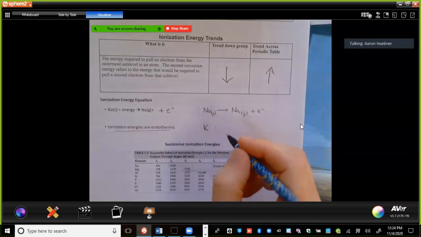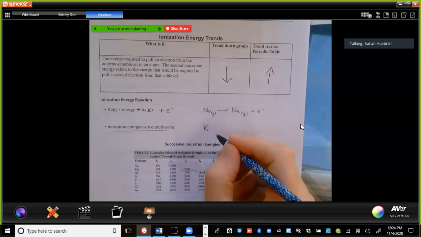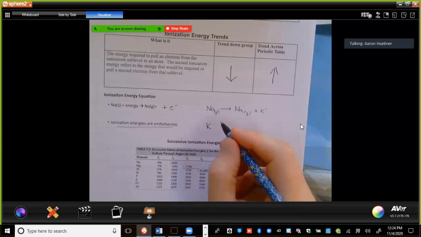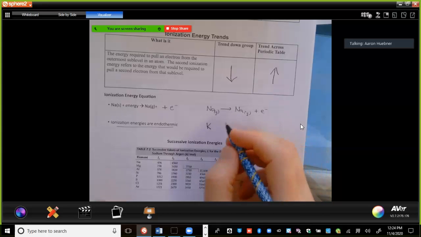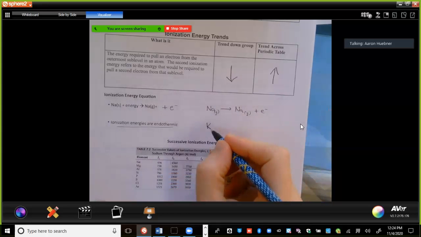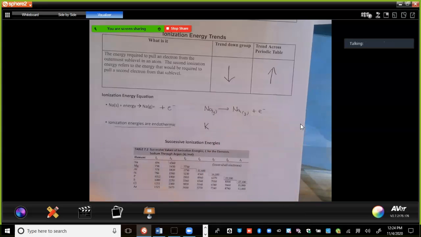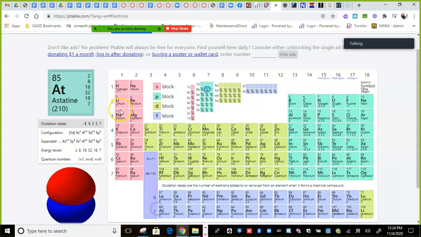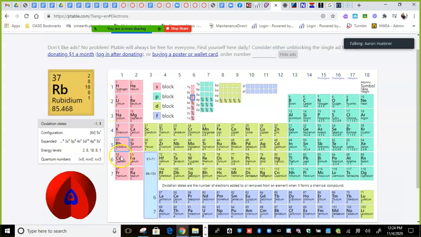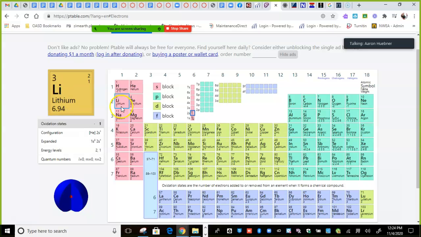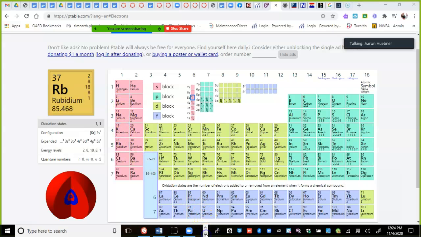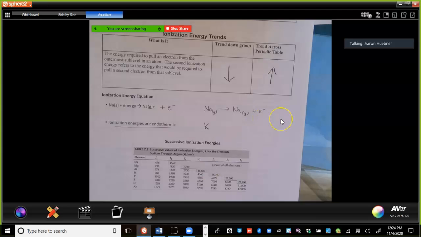They're going to focus on the alkali metals: lithium, sodium, potassium, rubidium, cesium. So that's what we're going to focus on in this class.